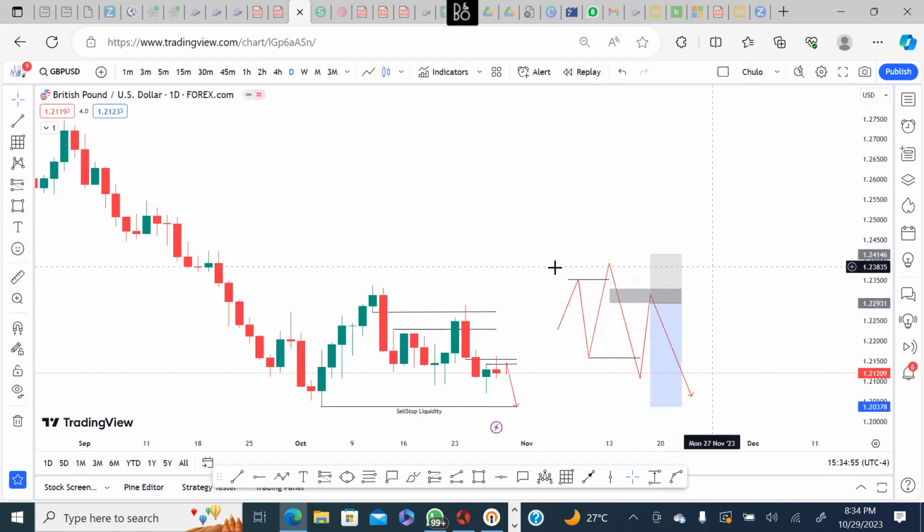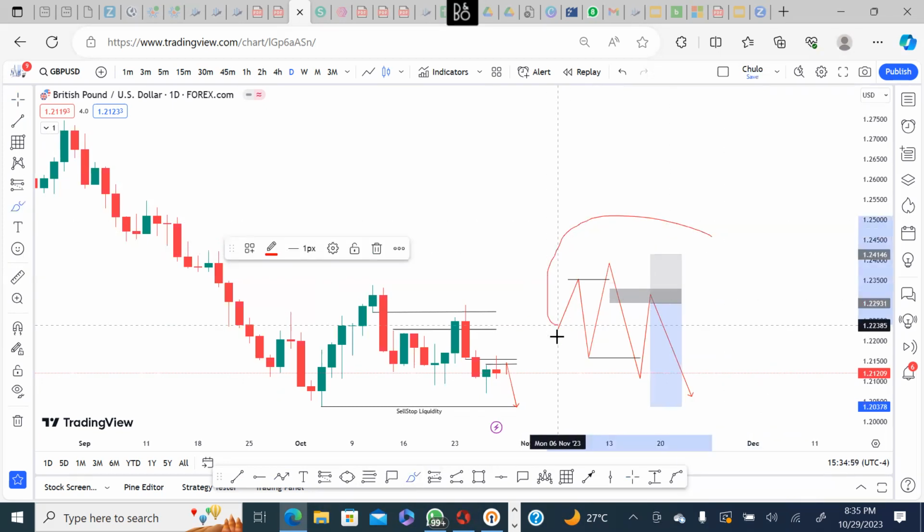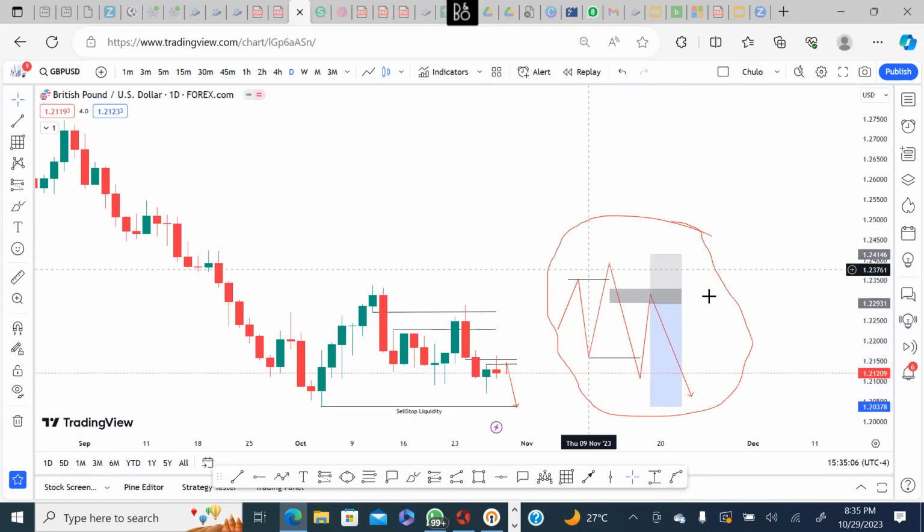So this is basically how I enter my trades. These are the things I need to see before I enter any of my trades. I prefer using this because it gives me more confidence.